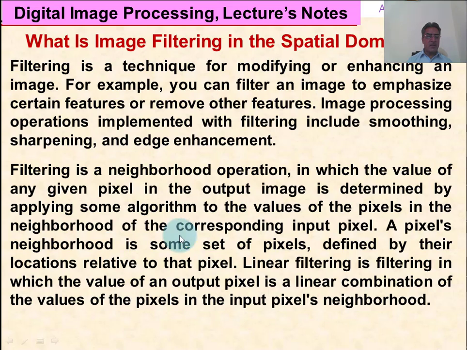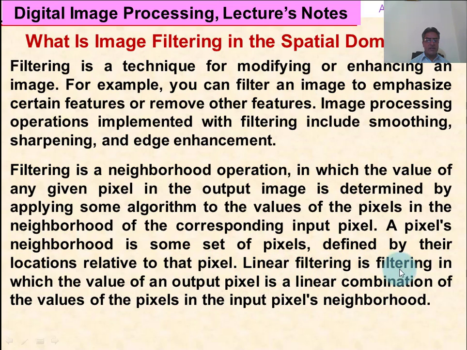So a pixel's neighborhood is some set of pixels defined by their location relative to that pixel. The locations of the neighboring pixels are calculated using the central pixel, because the central pixel is considered as the origin.